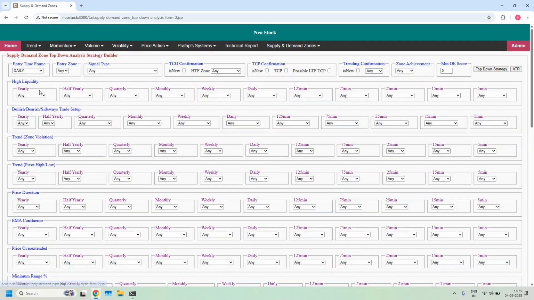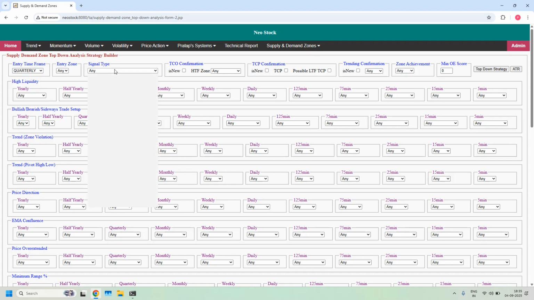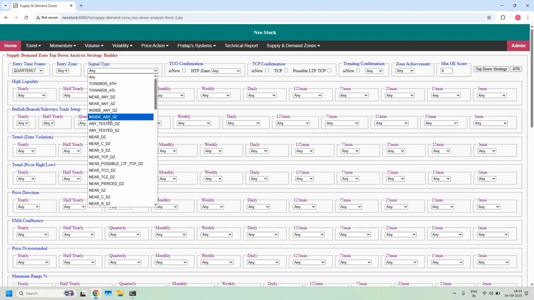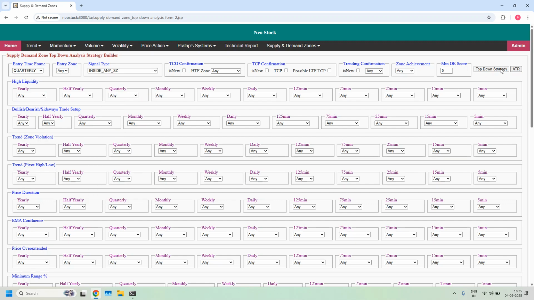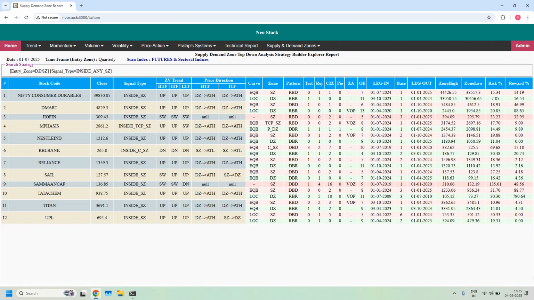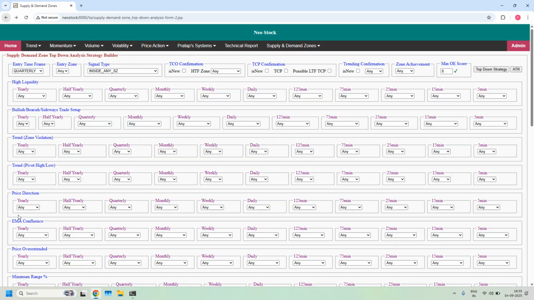Okay, next, price closed inside the quarterly supply zone. We got 12 stocks. We can further filter based on the quarterly supply zone having quarterly EMA confluence, and the trend on the quarterly should not be sideways.